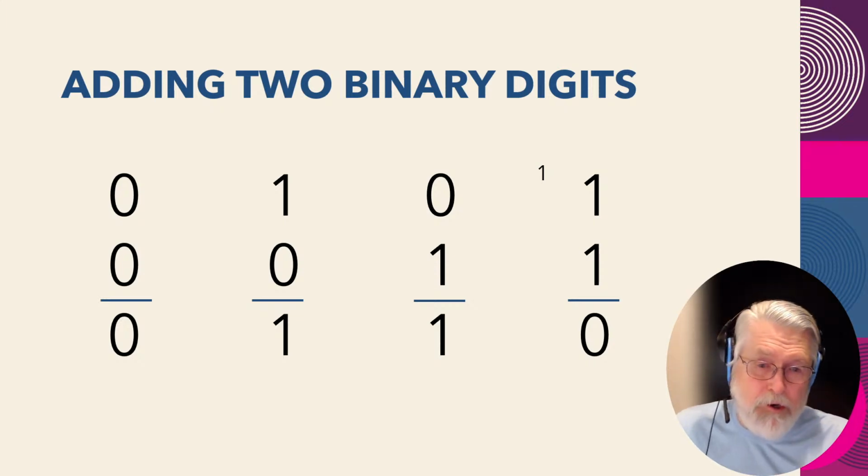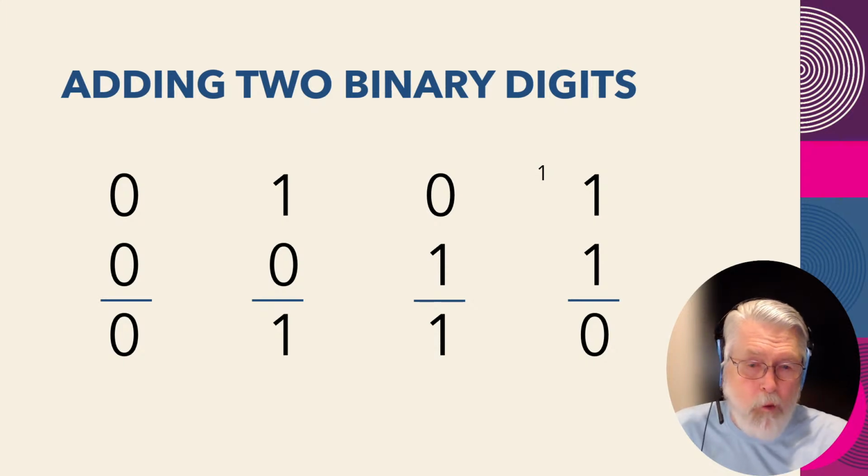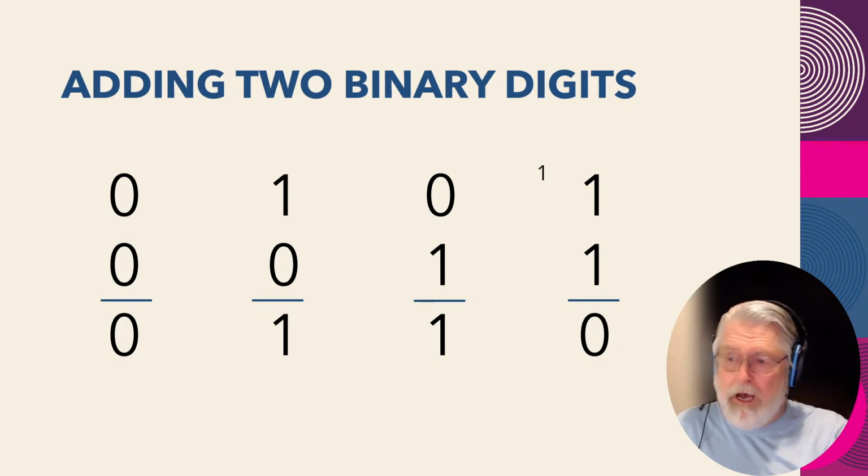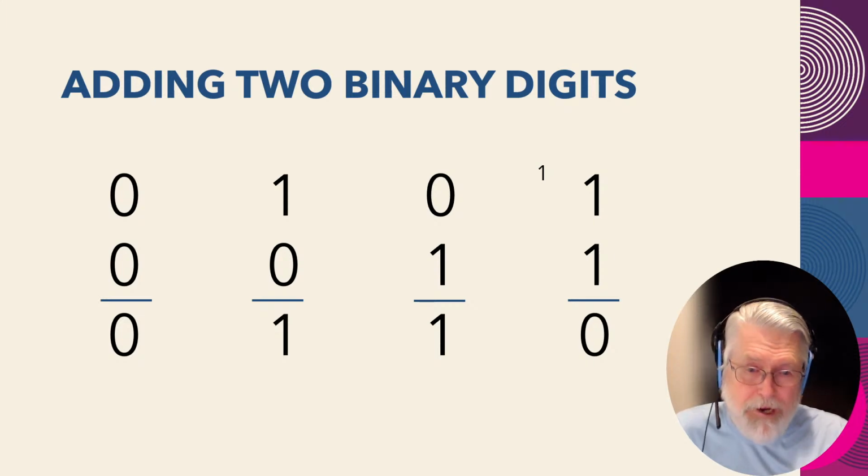Well, the same thing's true in binary. So 1 and 1 equals 2, but there is no single digit for 2. 2 is represented by 2 digits, 1 and 0. And so with adding 1 and 1 together, you get 0 with a carry bit.